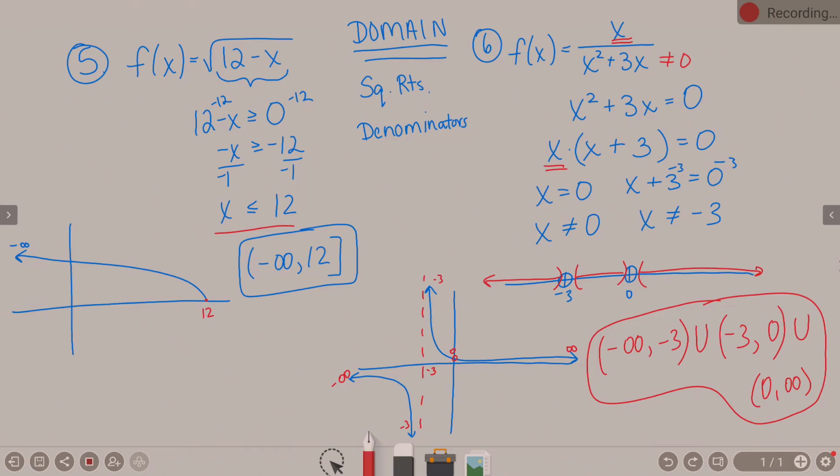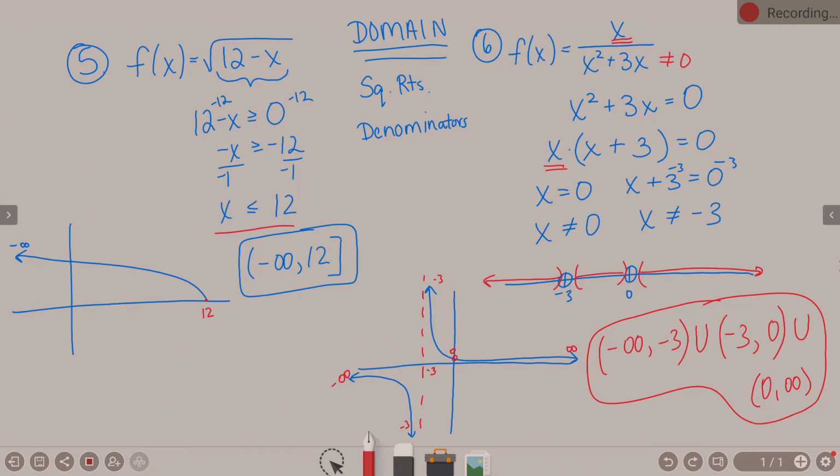Would it be good to just go ahead and talk about 7 and 8 while we're here, which is range? Would that be a good topic before we move elsewhere? Okay, now, domain, we read how? Left to right. You're reading the x values.